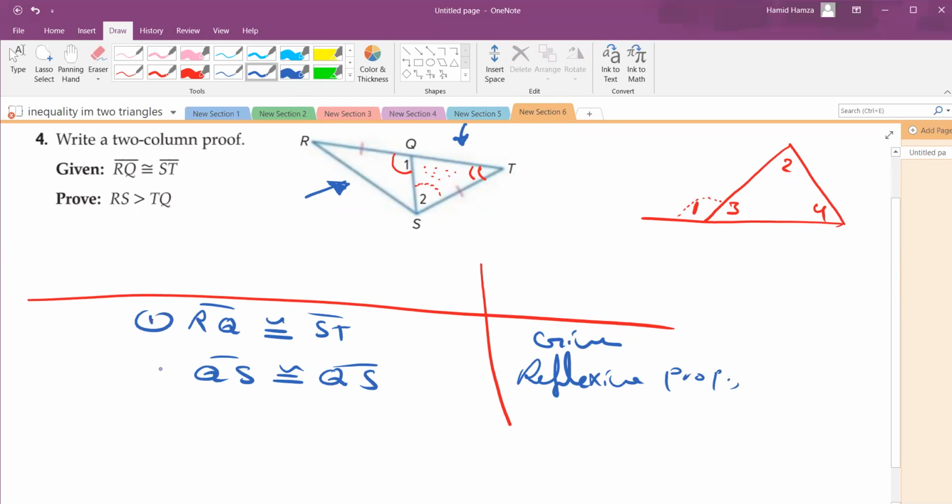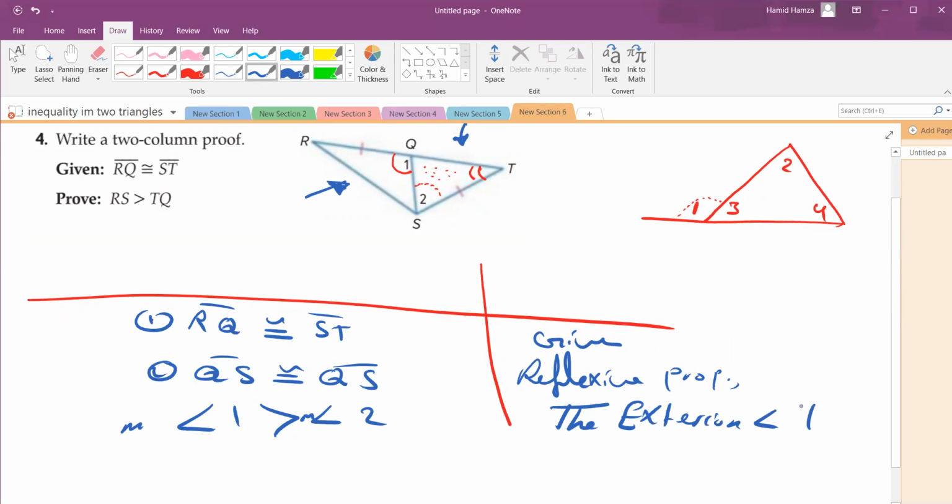This is the first congruent part. Now we wanted to compare between the angles. Angle 1 is greater than angle 2. From where did you get this? The exterior angle theorem.